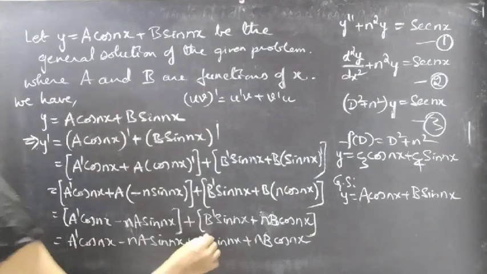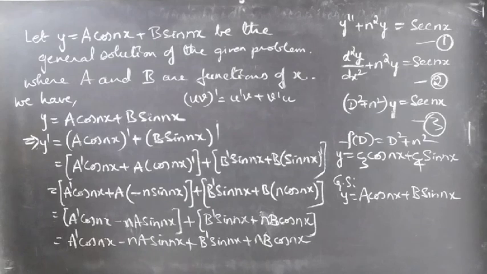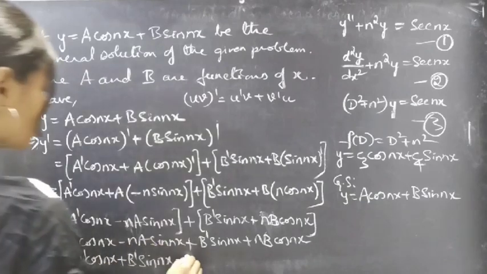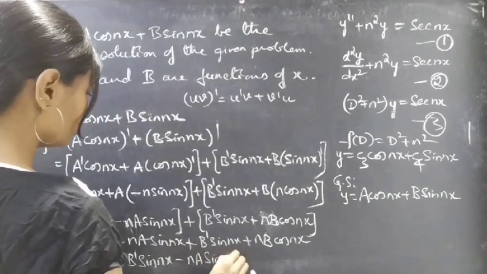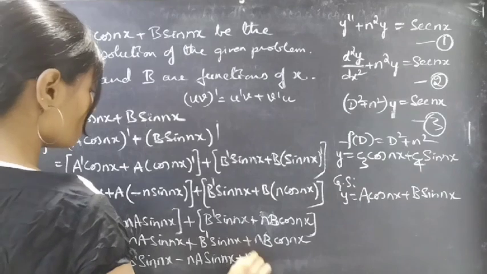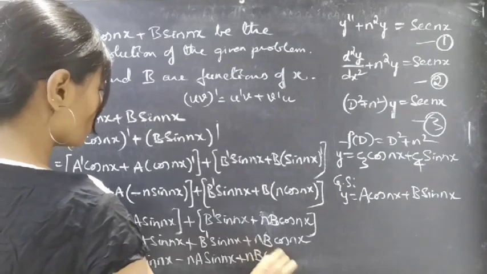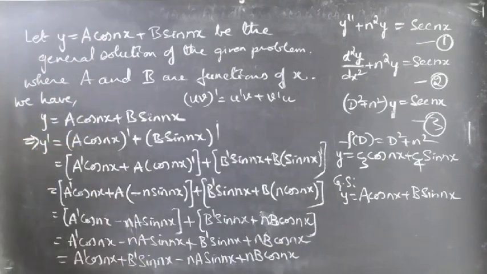Firstly, we'll have a dash cos nx plus b dash sin nx, minus na sin nx plus nb cos nx.